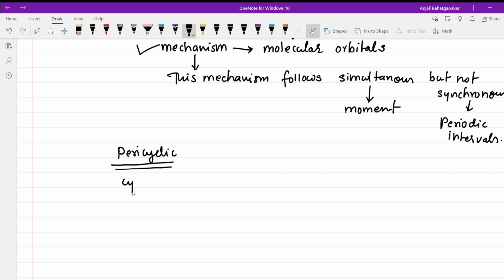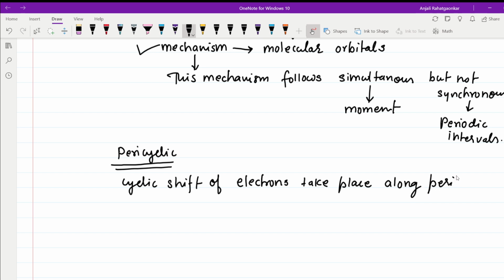There is a cyclic shift of electrons taking place along the periphery of the reactants, it may be one reactant, it may be two, it may be more than one.